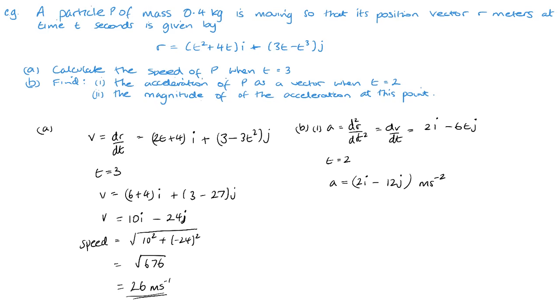And then the magnitude of the acceleration at this point is the size of that, which is the square root of 2 squared plus minus 12 squared, which is 2 root 37 meters per second squared.